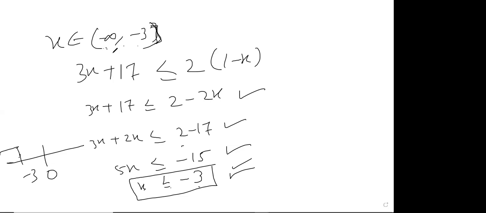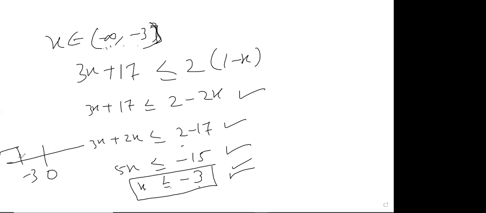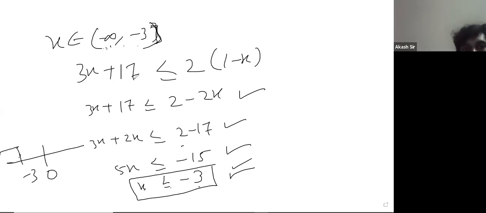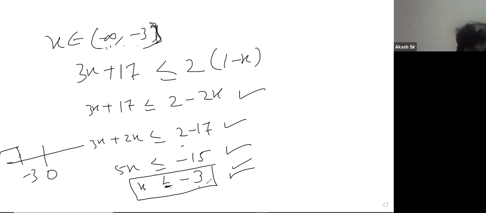But we know that whenever we use infinite or minus infinite, we use open brackets. And the maximum value of x can be minus 3, so we used minus 3 here. And it can be minus 3 because there is an equality sign, so we used close brackets. Right? Yes, sir. Got it, sir. Abdul, are we clear about this also?